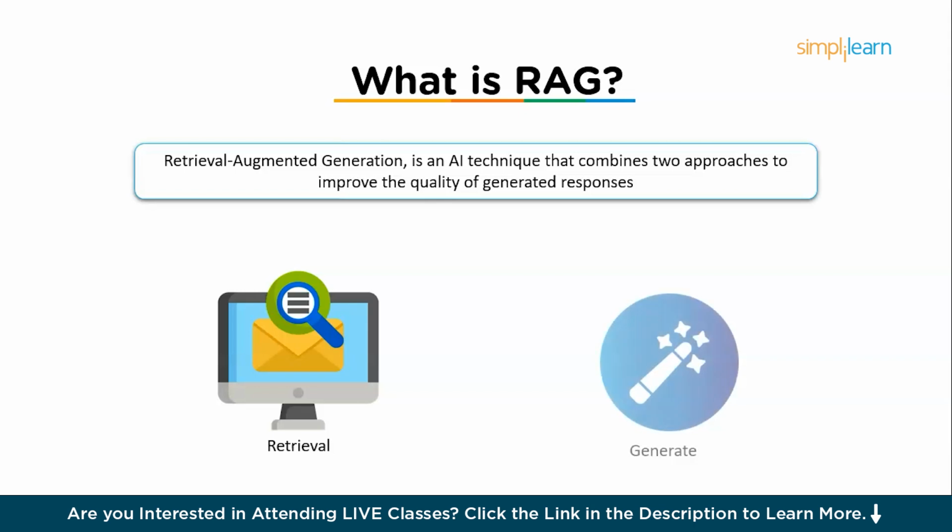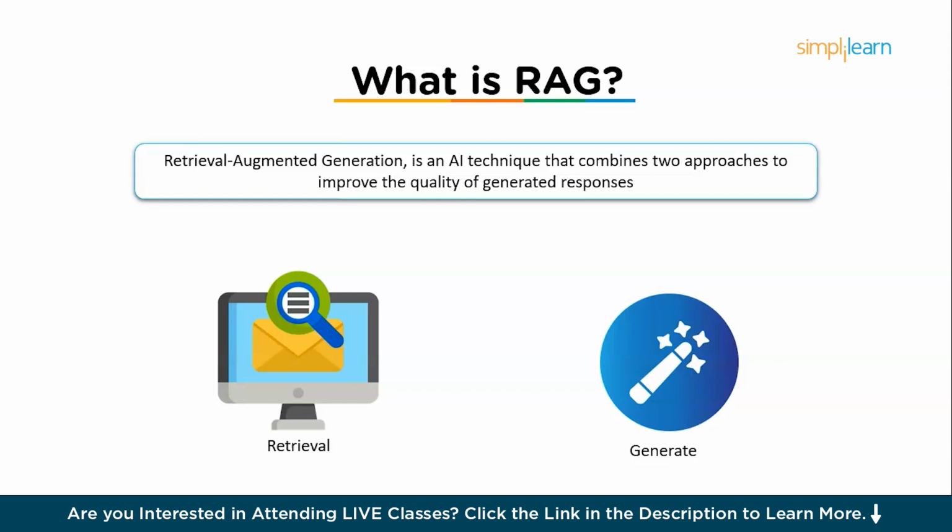Then we have generation, that is, the generative model processes the retrieved data to create an accurate and contextually appropriate response. So RAG systems enhance the capabilities of generative models by pulling in real-time, dynamic data from external sources. This helps the system create responses that are more informed, accurate, and relevant to the context.